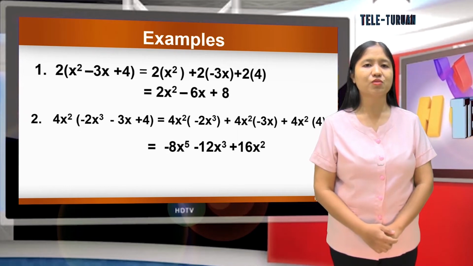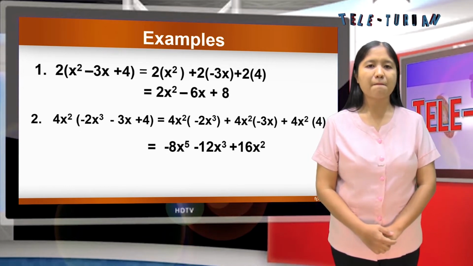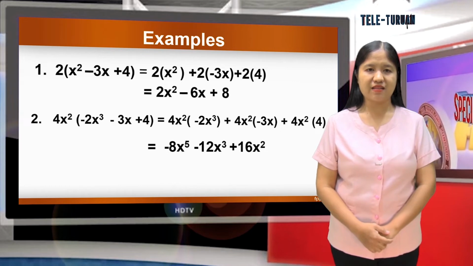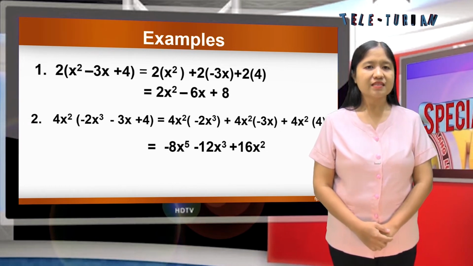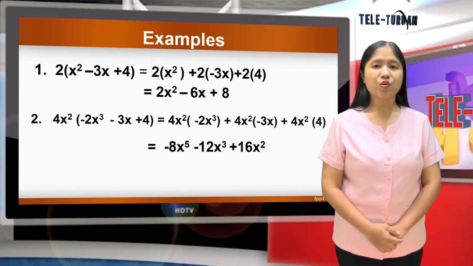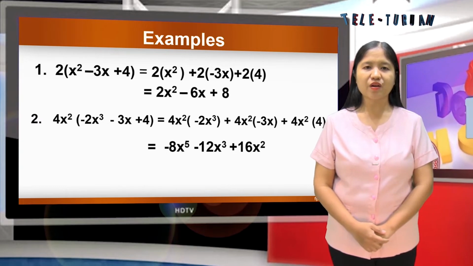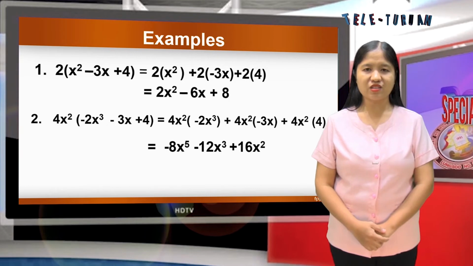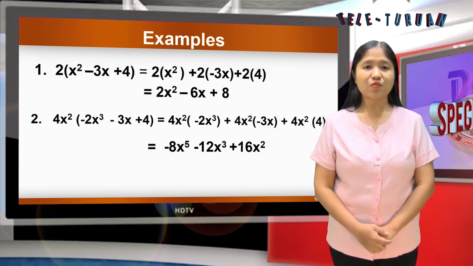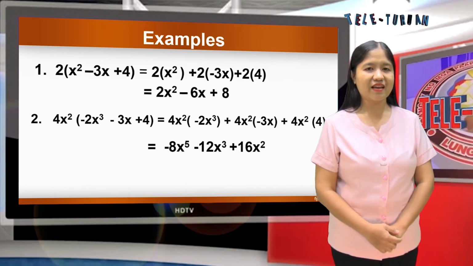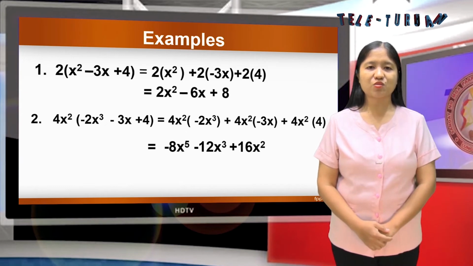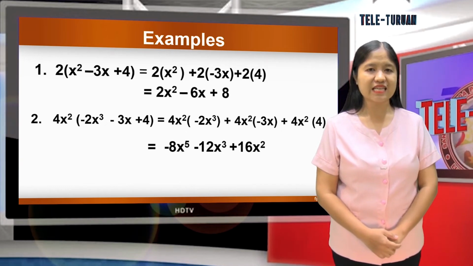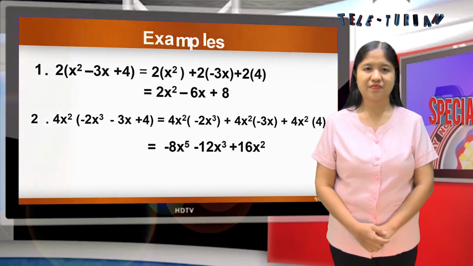That will yield 2x squared minus 6x plus 8. Same as with number 2, we multiply 4x squared to each term of the polynomial negative 2x cubed minus 3x plus 4. That will give negative 8x to the 5th power minus 12x cubed plus 16x squared.